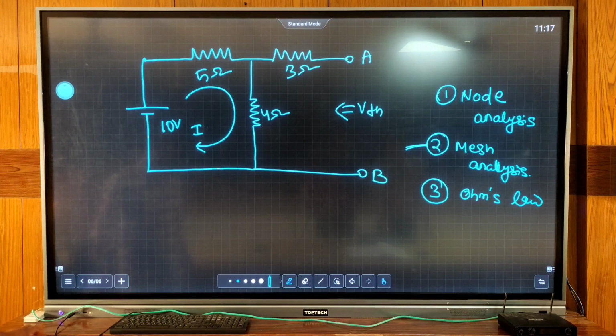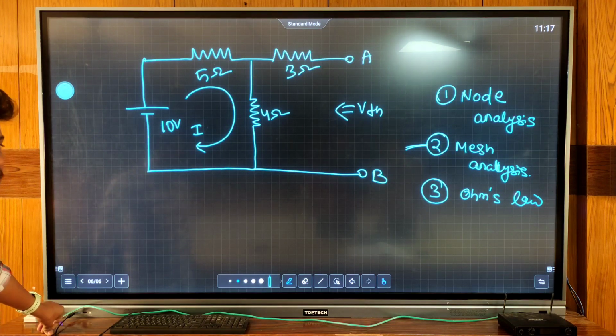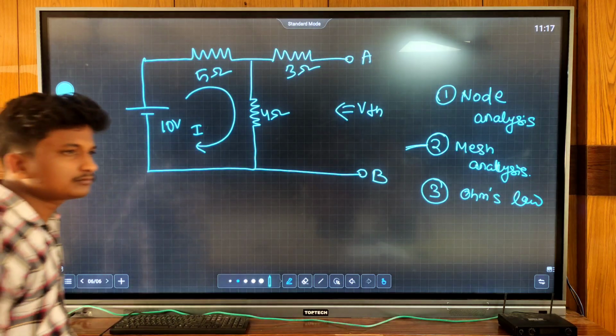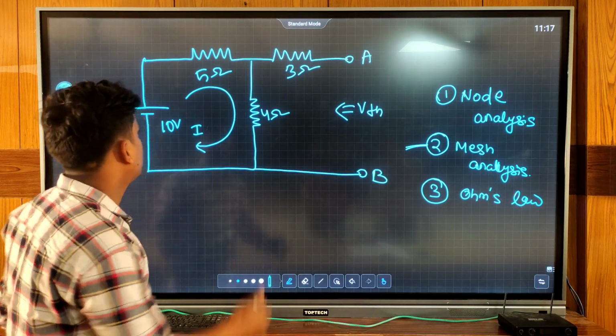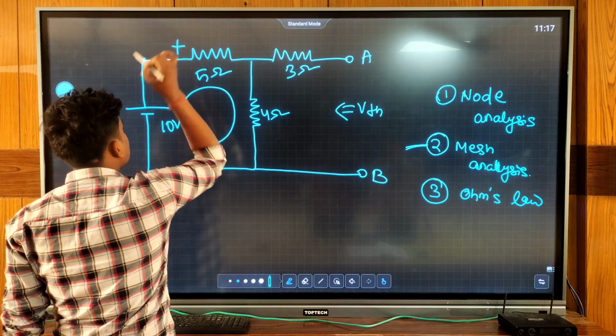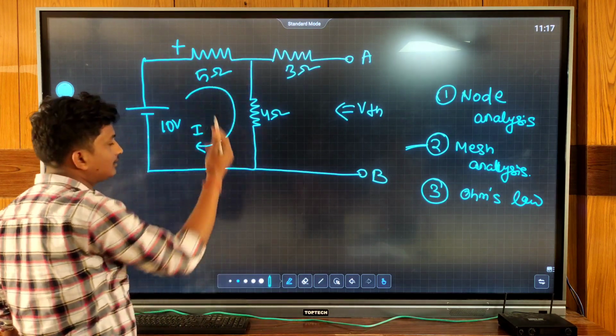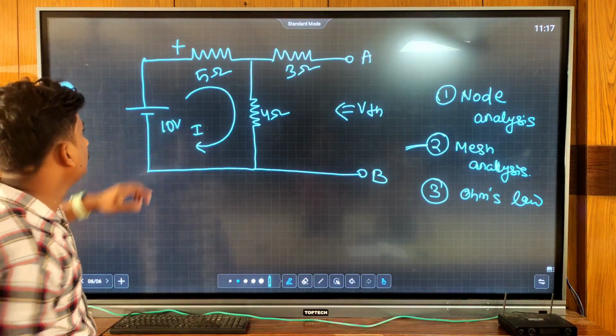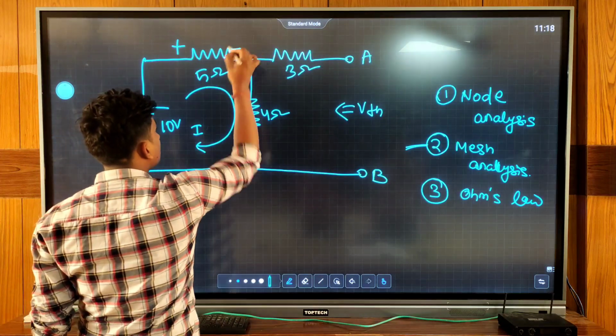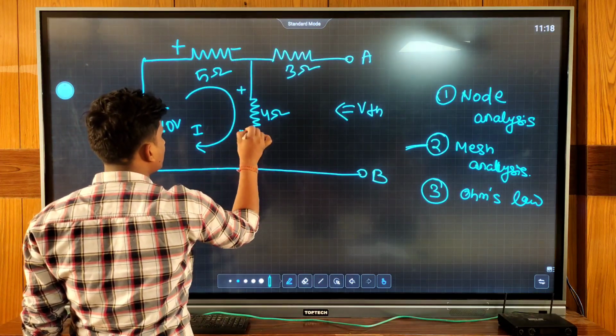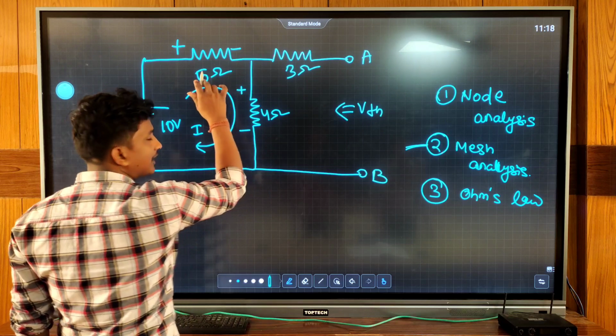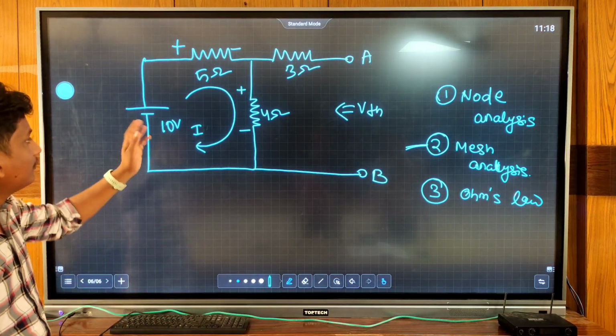So if I apply KVL or mesh analysis here, then first thing in KVL we have to go for polarity determination. If the current is flowing in clockwise direction, the polarity will be plus and minus. This will be plus and minus. Since there is no current in the 5 ohm resistance, the current flowing is I1.